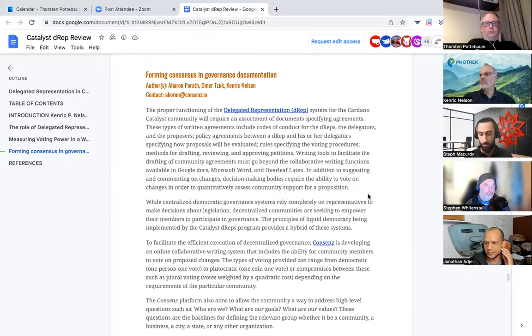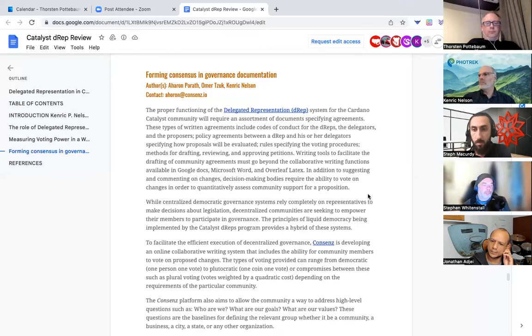The consensus platform is another project funded by the Catalyst community. It is still in development. We hope that it will be ready for Fund 10 for the first use of the dRep. If not, it will be for sure ready for Fund 11.